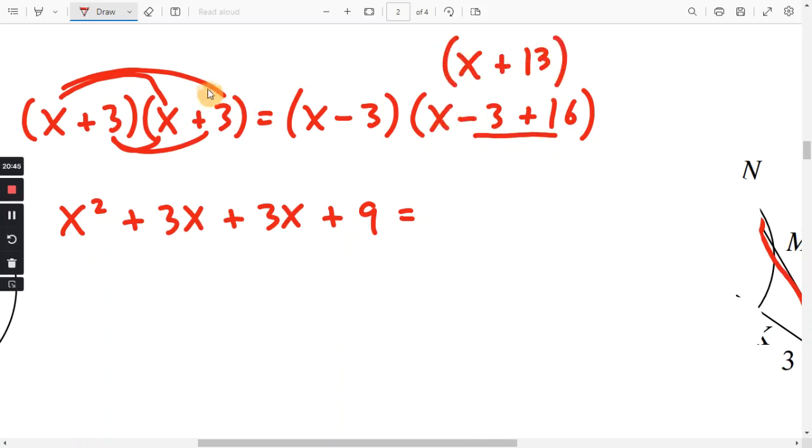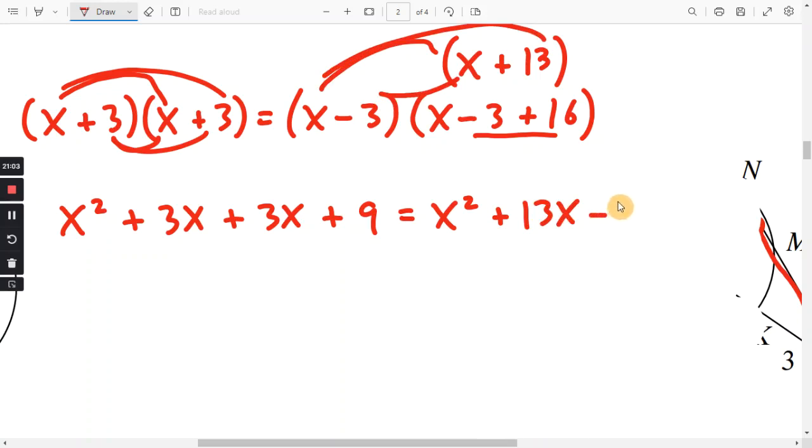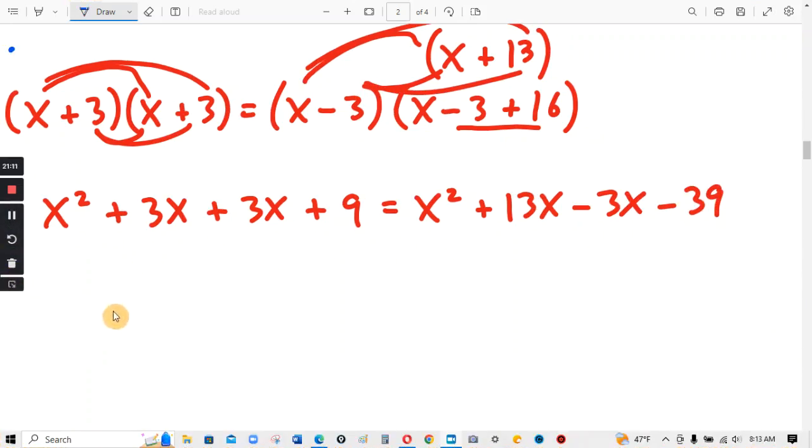All right, so now distributing on the right-hand side, x times x is x squared, and x times 13 is 13x. Negative 3 times x is negative 3x, and negative 3 times 13 is negative 39. Now, I'm noticing, as far as square numbers are concerned, I have an x squared on both sides.